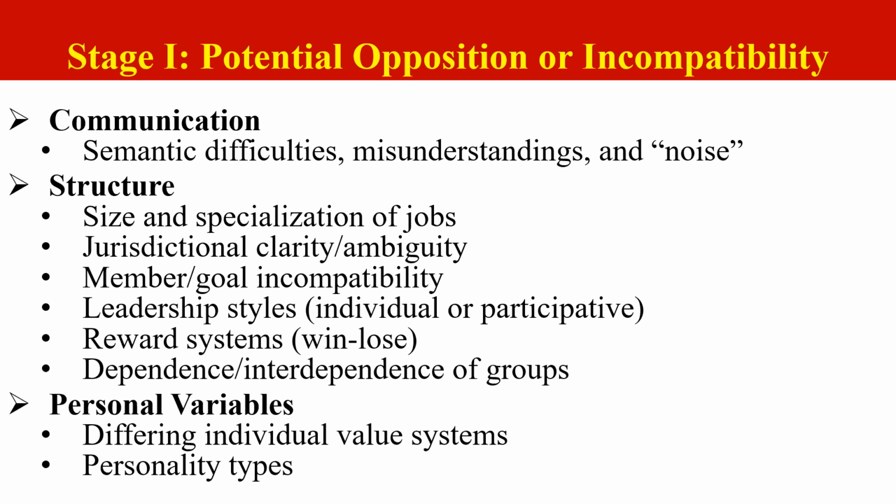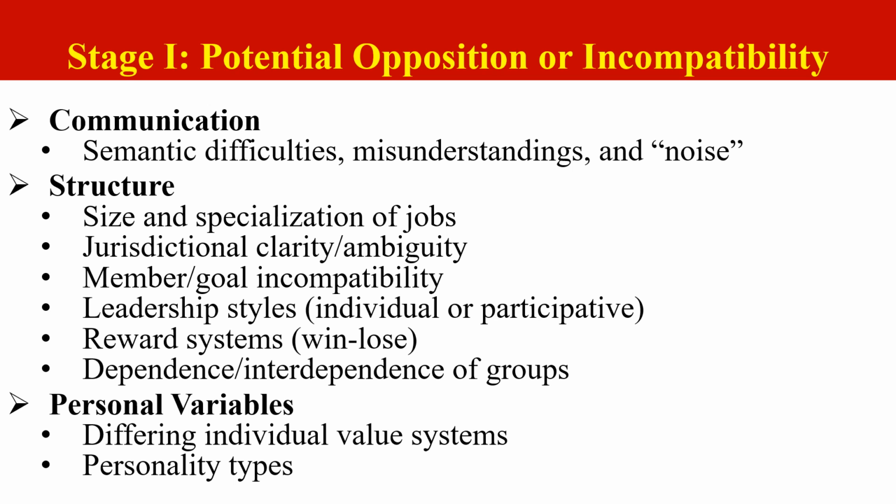Stage 1, as we have discussed earlier, is the potential opposition or incompatibility within an organization that causes the conflict. The reasons for potential opposition or incompatibility are lack of communication due to semantic difficulties.